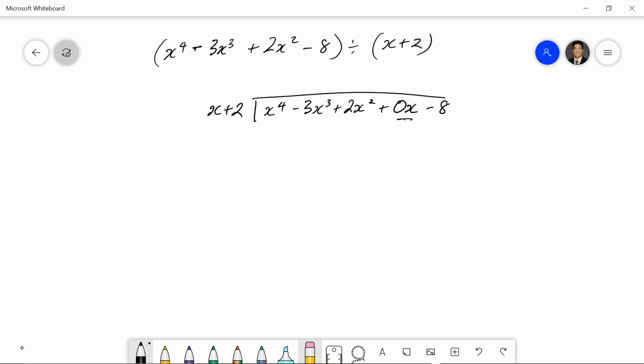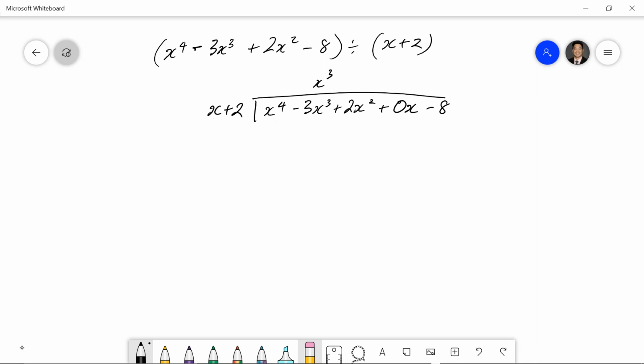Now that we've included the missing piece and everything is in its correct place value, we can carry on and do the normal thing. Just because there's 5 terms doesn't mean it's any more complicated, it just takes a little bit longer. So x to the power 4 divided by x is just x cubed, and I'm putting it here.